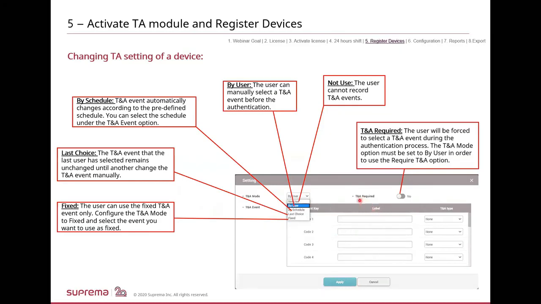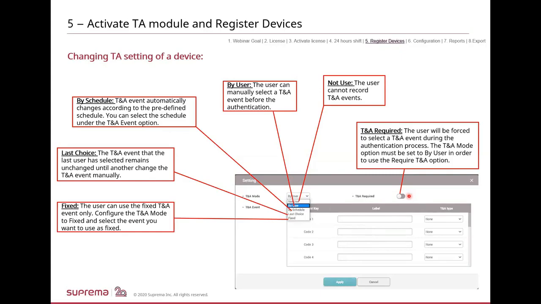The second thing is TNA required. TNA required is very useful for customers who want to force the users to choose one of the function keys which you have created. If you enable this, none of the transactions is going to be accepted on the device unless the user chooses a function key.